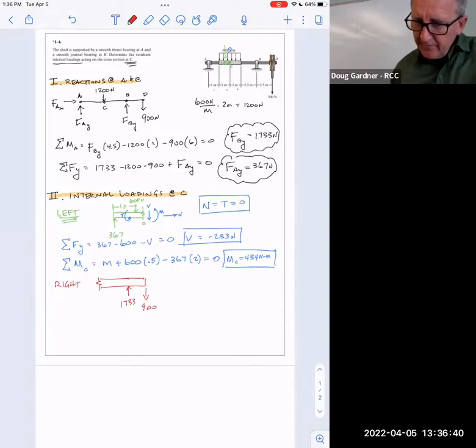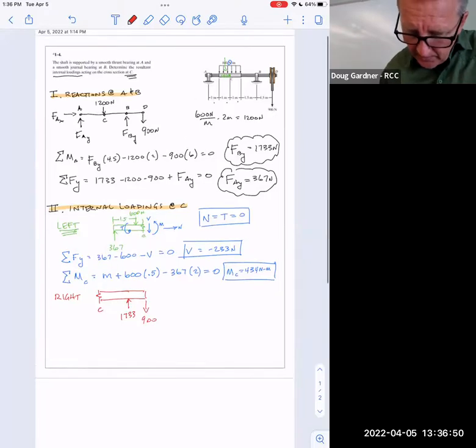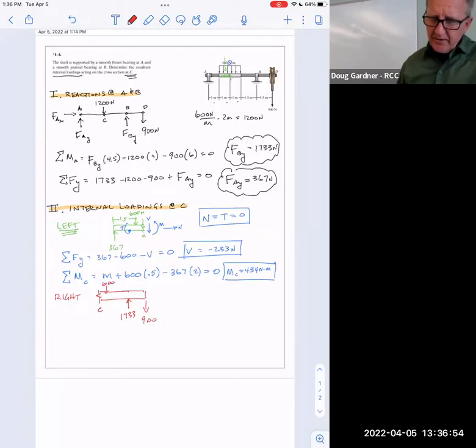And then we've also got some of that 600 over there too, and it's actually right in the middle of C. And so just like last time, it's 600 times 1 or 600 newtons. So do you see why this side's kind of worse? That's why the left side would be better. But the point is, can we get the exact same answers?